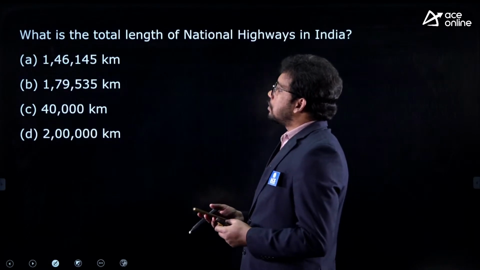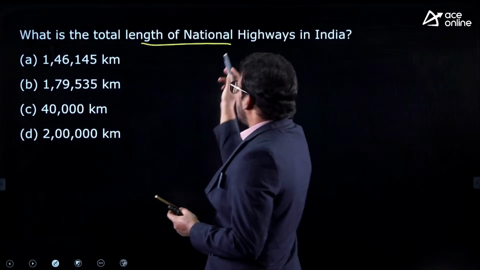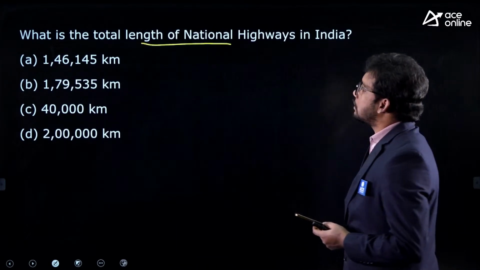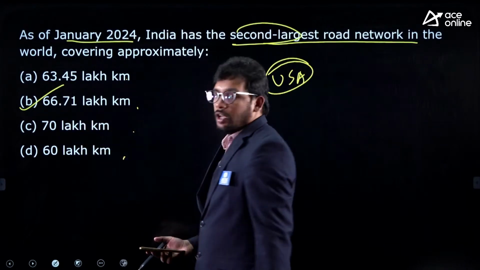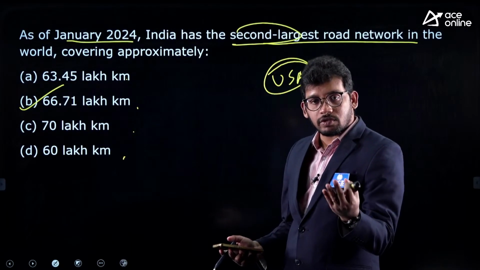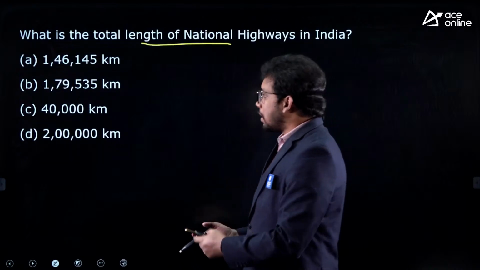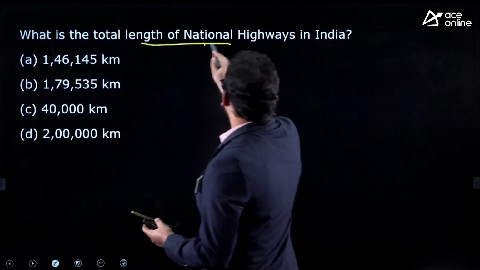Fine. Next question, what is the total length of national highways in India? Out of this total road network of 66.71, we have rural roads, district roads, state highways, and national highways. But now they are specifically asking about the national highways.